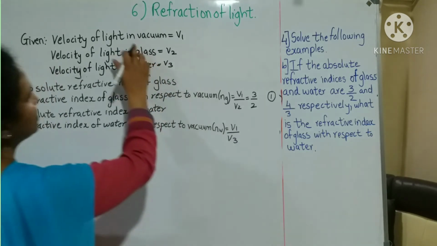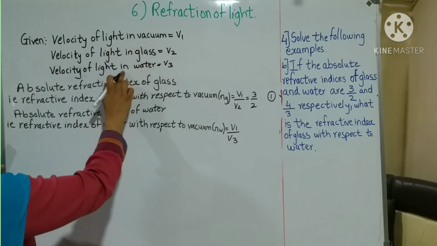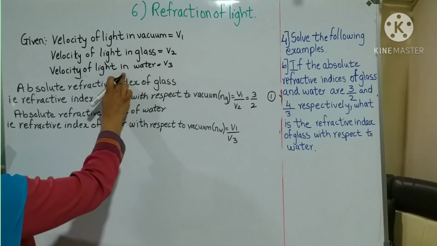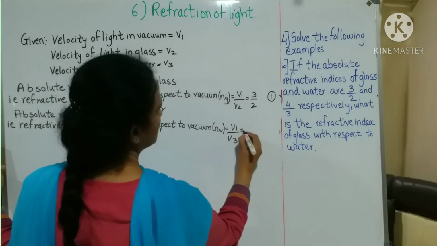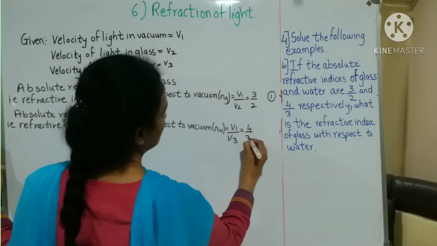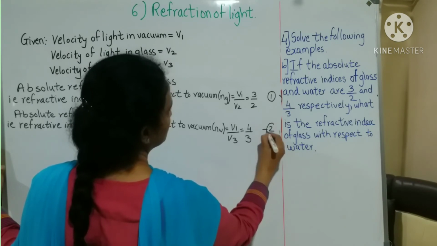V1 means velocity of light in vacuum and V3 means velocity of light in water. It is given to us as 4 upon 3. This is our equation 2.